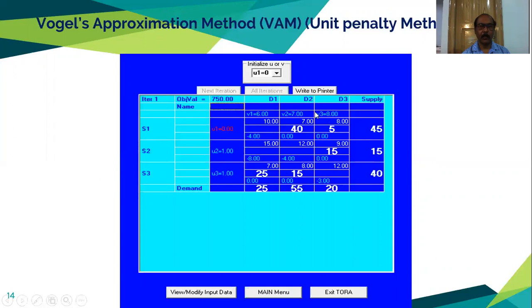Whatever the initial basic feasible solution we got by using the Vogel approximation method is the optimum, because there is no next iteration. It is the optimal solution, and the optimum minimum transportation cost is 750.